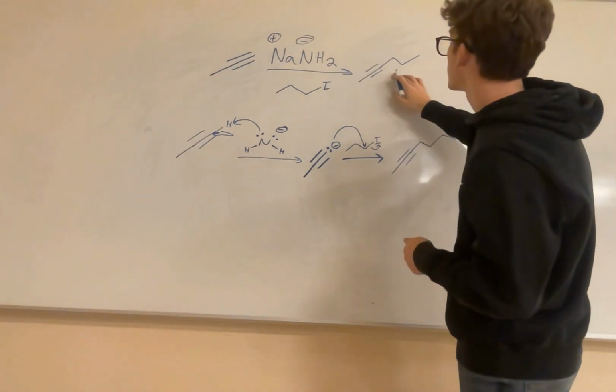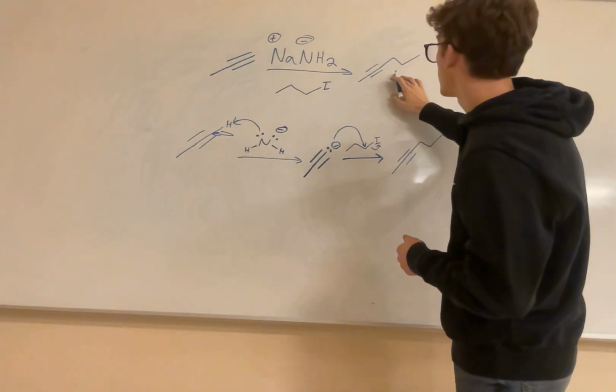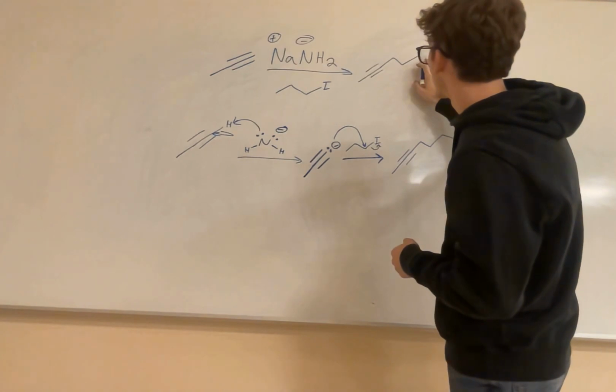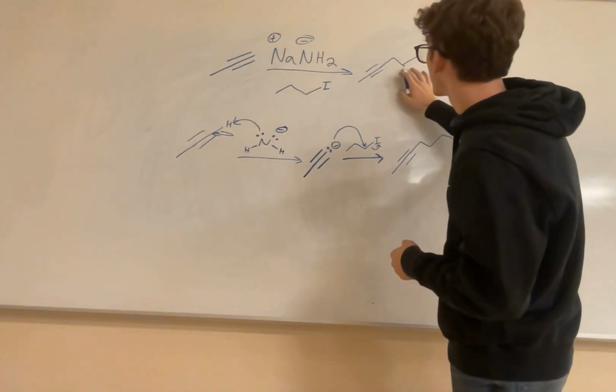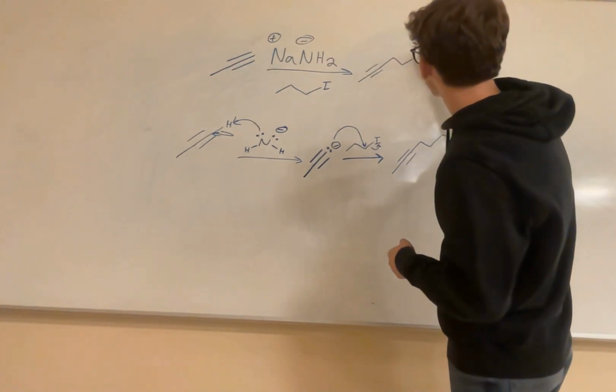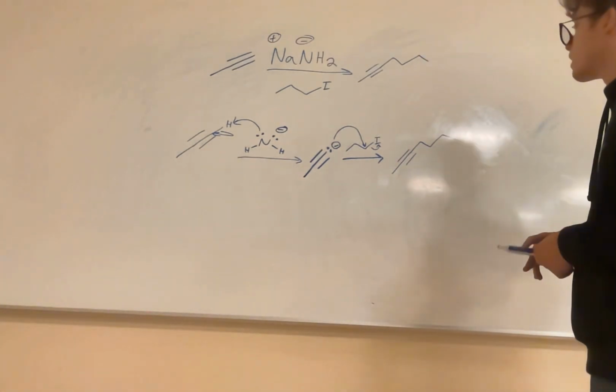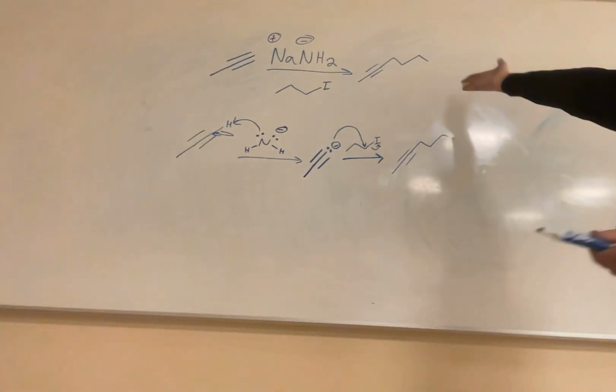Did I forget one here? Am I going crazy? Wait. That bond, that one. Oh yeah, I did miss a bond up here. Sorry about that. I do that so much. I just miss bonds. But this is what happens.